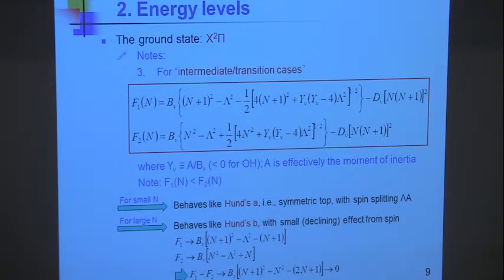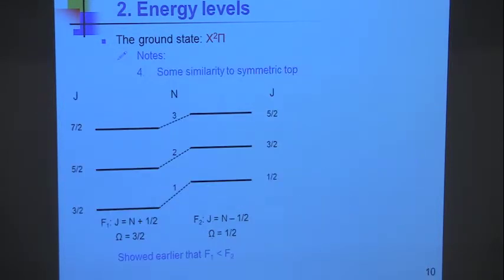In the end, all you care about is this expression. But if you want to understand it, you have to ask, does it behave the way you expect for small N and for big N? And that's down here. So here's F1 and here's F2, and this is N. Let's say N of 2.